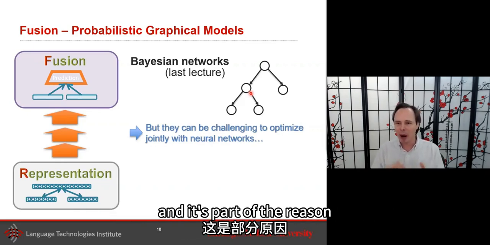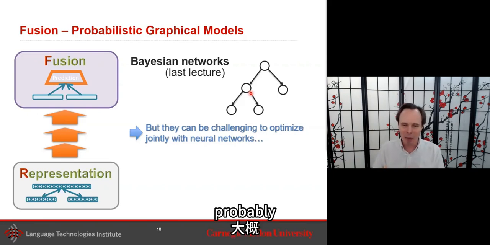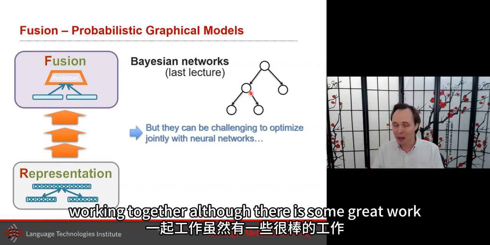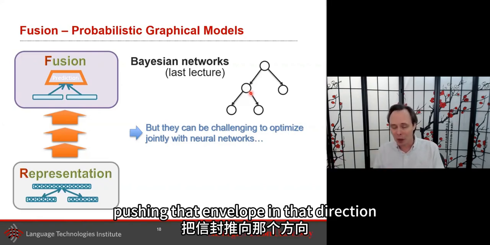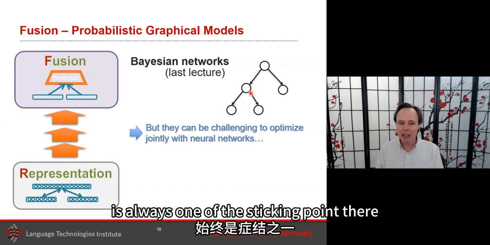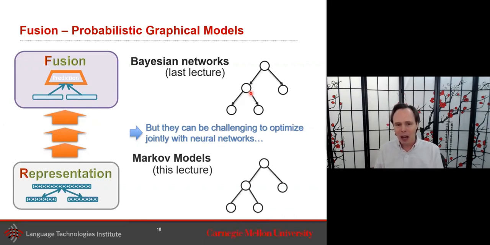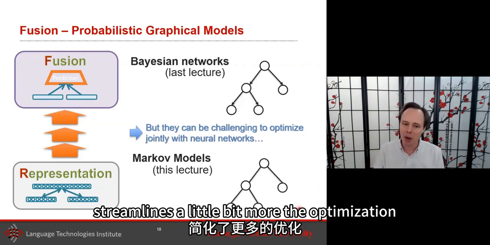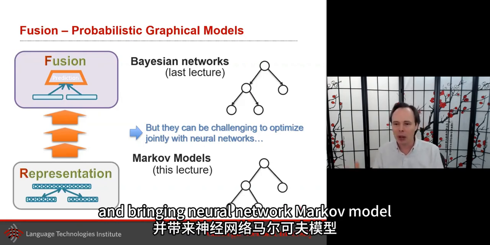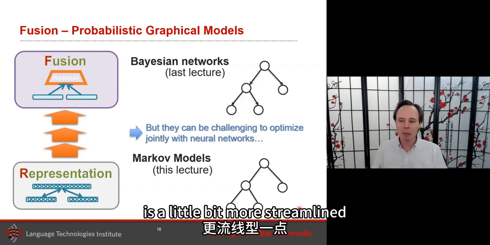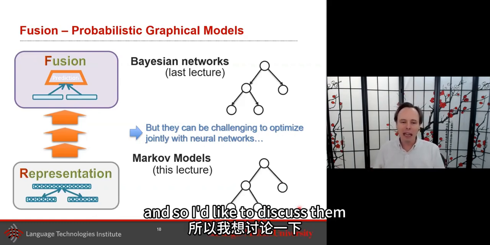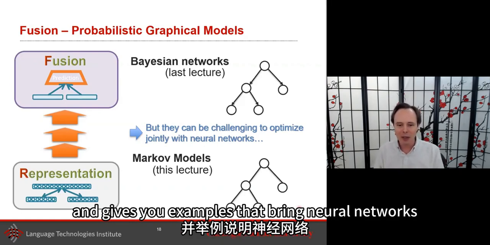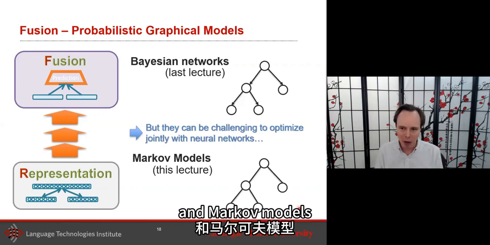It's part of the reason we don't see as many of them working together, although there is some great work pushing the envelope in that direction, but optimization is always one of the sticking points. Markov models bring a formulation that streamlines the optimization a little bit more, and bringing neural networks together with Markov models is more streamlined. So I'd like to discuss them this lecture and give you examples that bring neural networks and Markov models together.